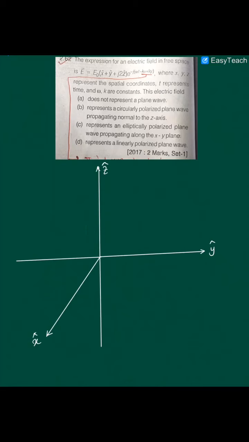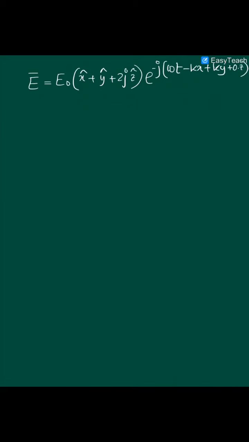In this question, E vector is given as E naught times (x component plus y component plus 2j z component) times e to the power minus j (omega t minus kx plus ky). And the z part is basically 0 into z. So this is basically your electric field.